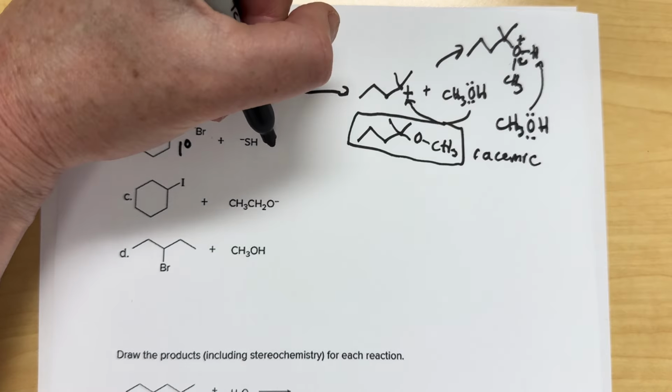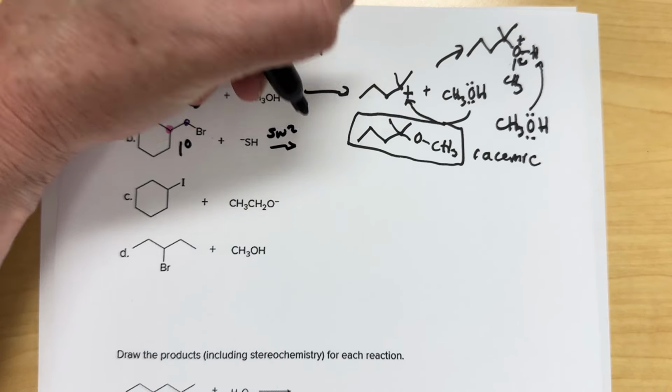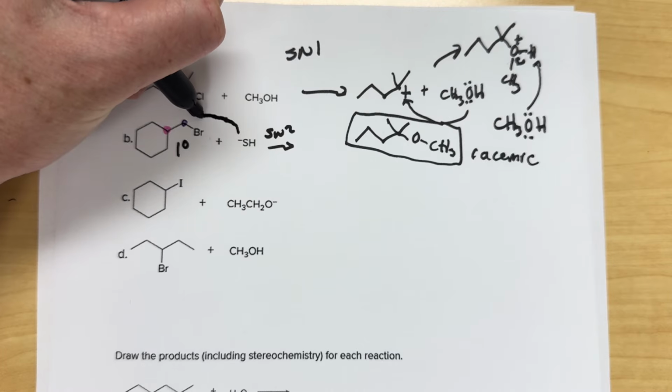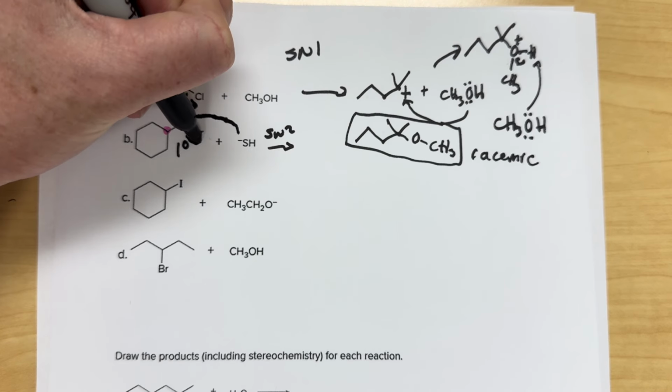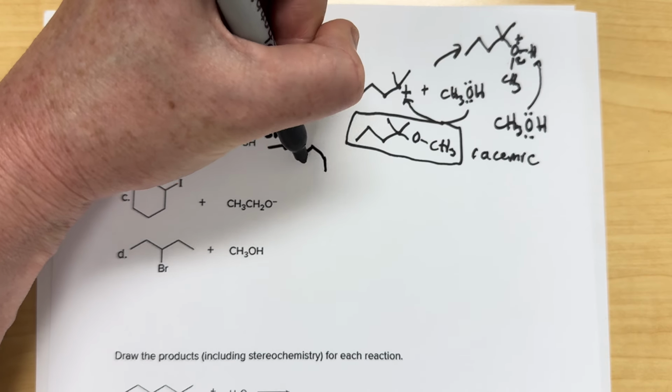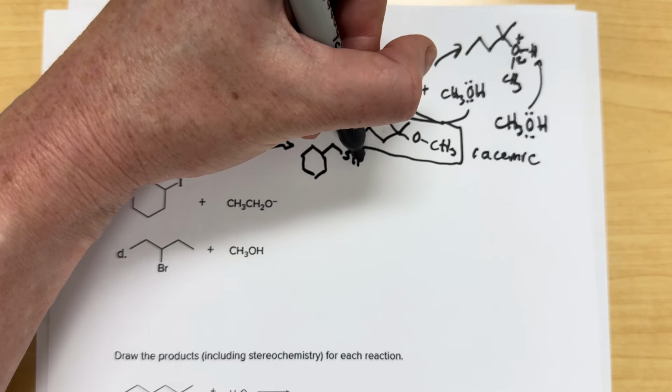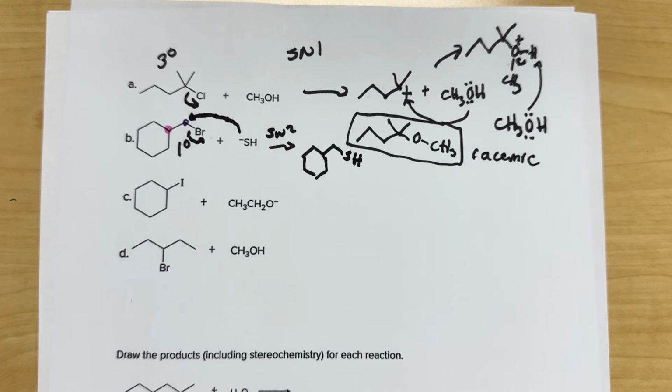So this will occur via SN2. That is going to go ahead and attack this carbon, and that's going to leave. And you'll have essentially just a substitution with the SH.